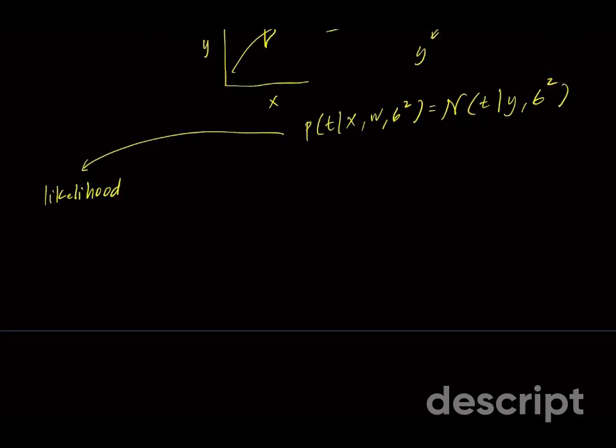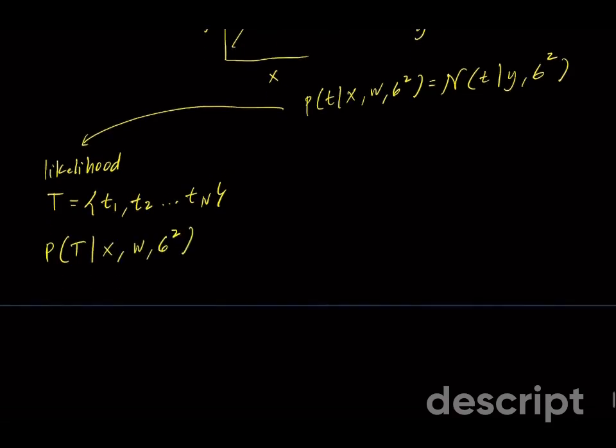Say that we have a dataset capital T of targets, or what you want to predict. So it's t1, t2, up to tn, and you have n data points. We want to calculate the probability of getting this dataset given your input and your parameters w, sigma squared. And in this case, x is now x1, x2, up to xn.